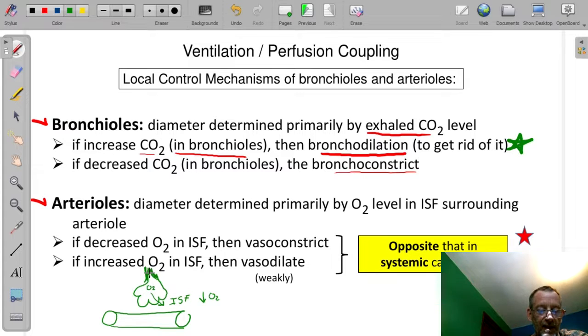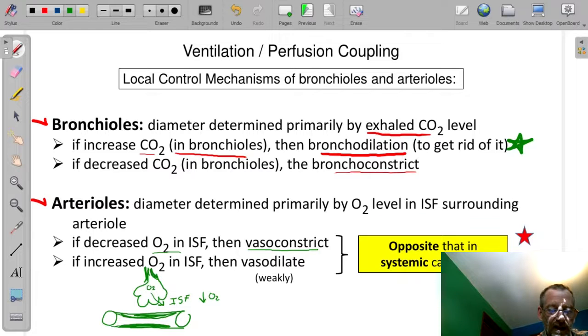So if we have reduced ventilation, then what do we want to do at the capillaries? Constrict. So if decreased oxygen in the ISF, then vasoconstrict. And this then gets narrower. We're constricting.